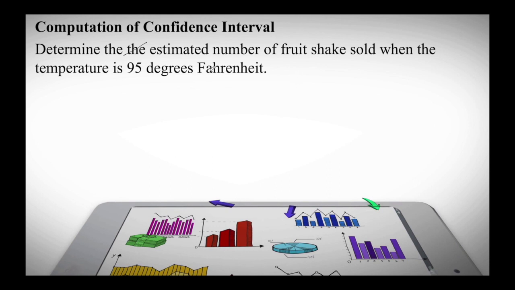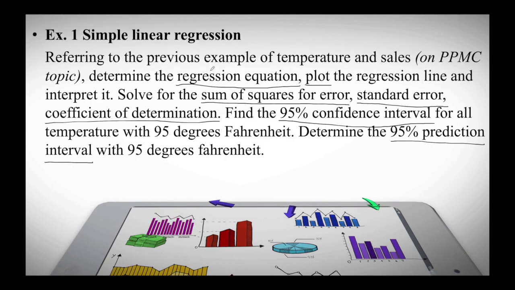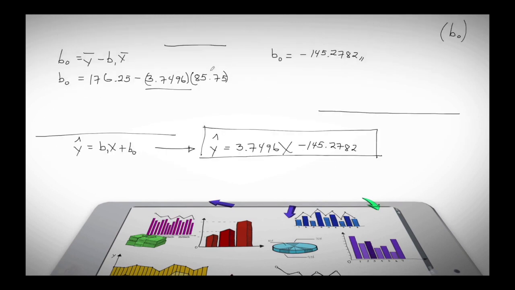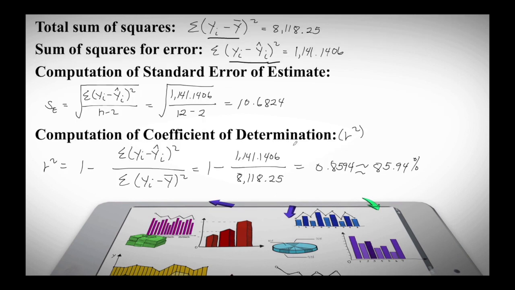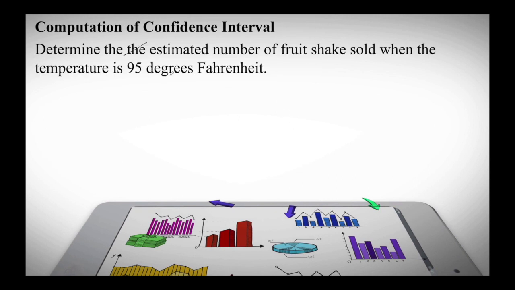Ang gagamitin natin is yung model na nagawa natin kanina, this general simple linear regression equation. This is our model: y hat equals 3.7496x minus 145.2782. Ang papalitan lang natin is the value of x, which is 95 degrees Fahrenheit based on the given task.